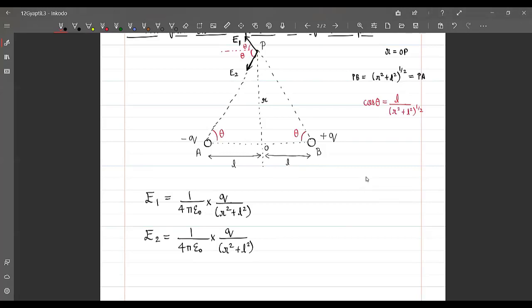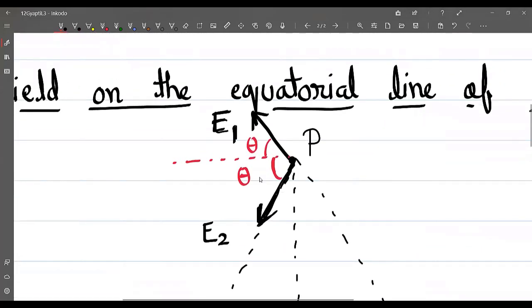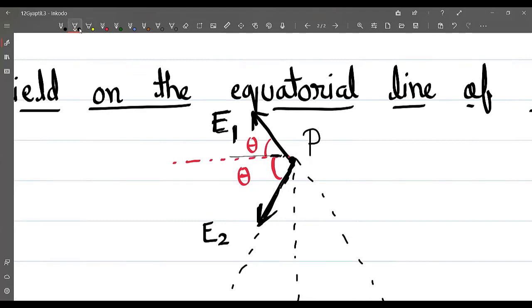Now see, I want to find the resultant of two vectors. So I will do it by the component method. So there are two equal vectors, E1 and E2. So I can take component along two directions. So E1 component along here, it will be E1 cos theta. And component along this side, it will be E1 sin theta.